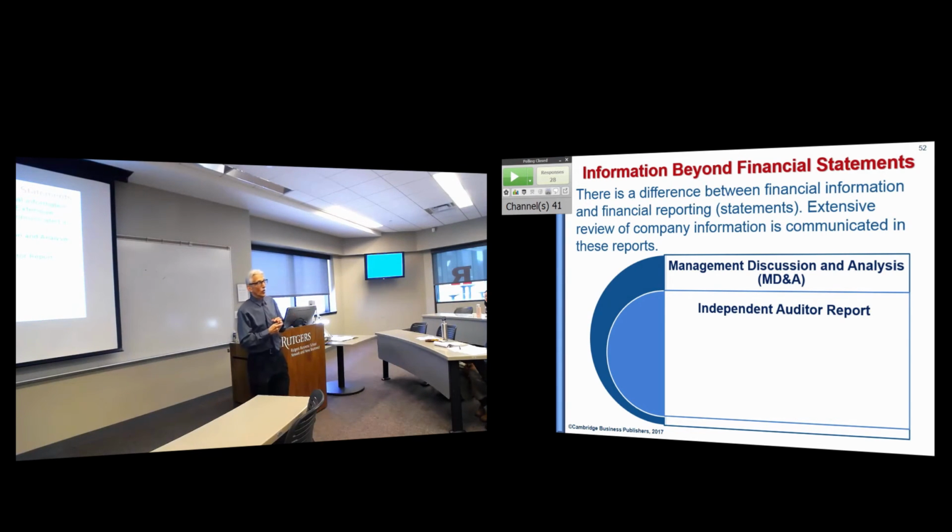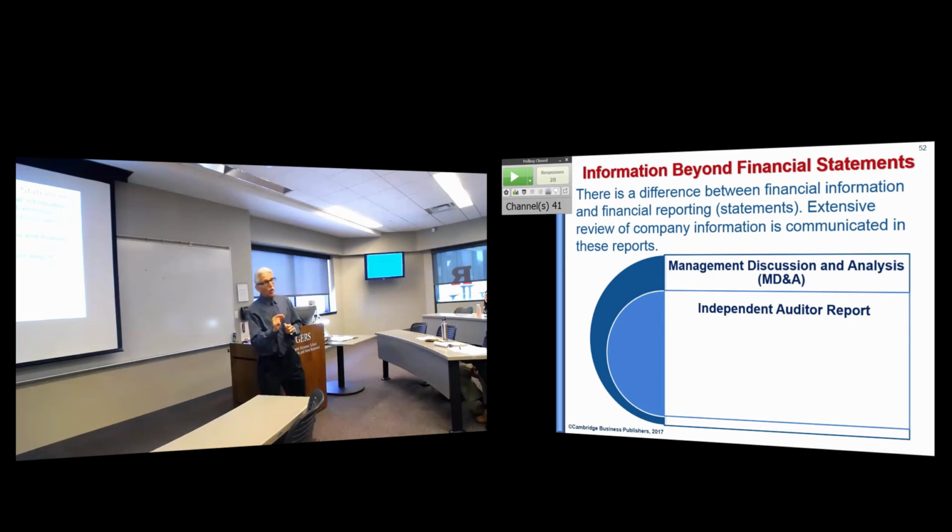Has anyone ever seen an audit report? It basically says that the statements present fairly in all material respects. So all the auditors are telling you is that the statements are free from material error. Material doesn't mean there aren't any errors in there. And the presentation is fair. It's not exact.